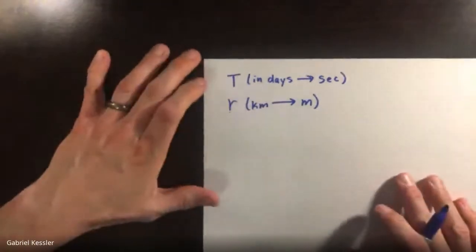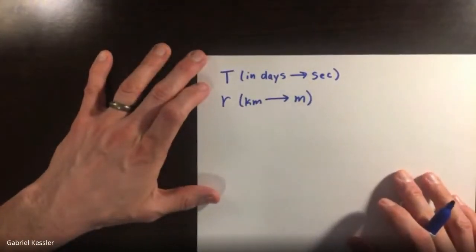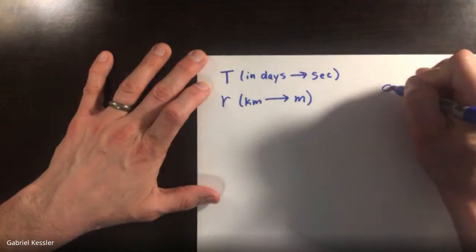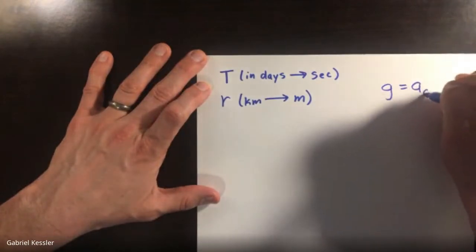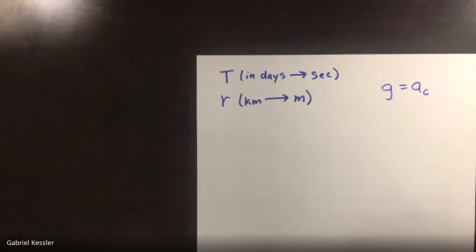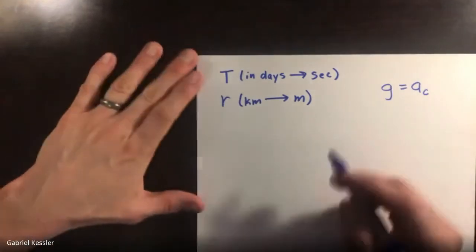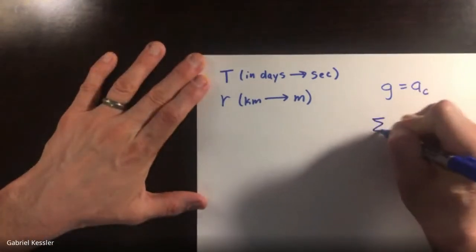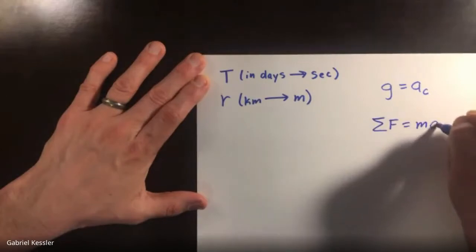So this gets back to basically what we did in number 4, where the centripetal acceleration is equal to the acceleration due to gravity. If we take this back one step, net force equals mass times acceleration.